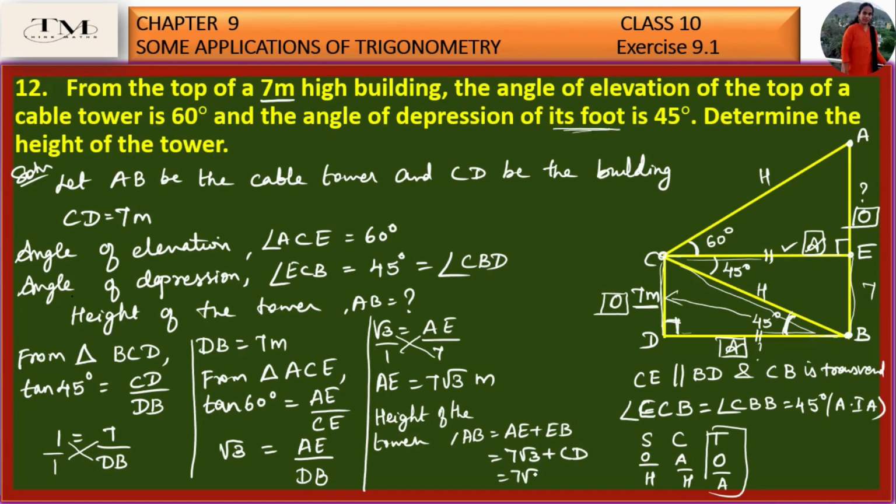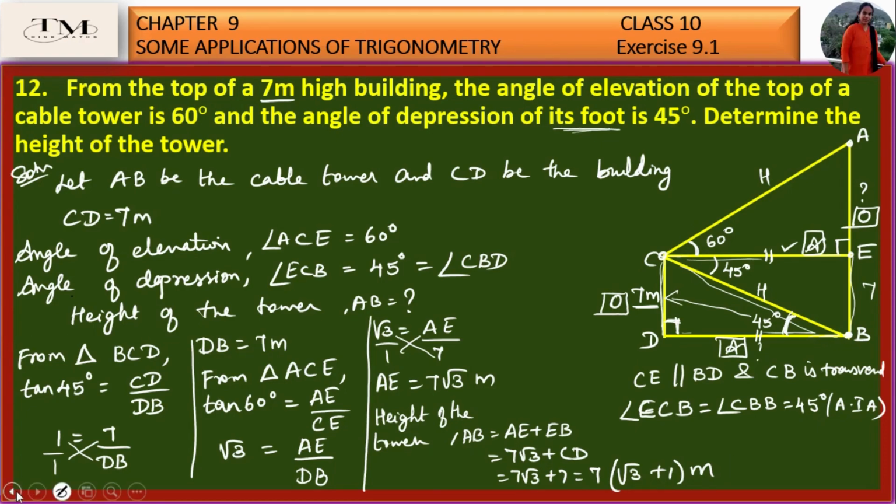So 7 root 3 plus 7, which is equal to 7 into root 3 plus 1. Let me erase this. 7 is common, take it outside. So the height of the tower is equal to 7 into root 3 plus 1 meter. Okay children, I hope you can understand.